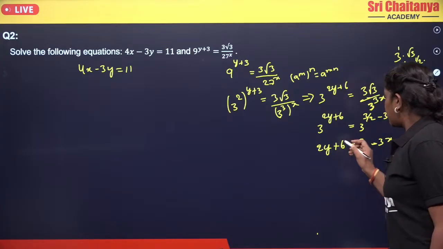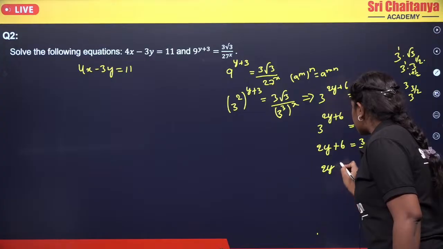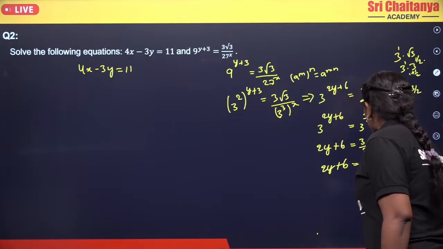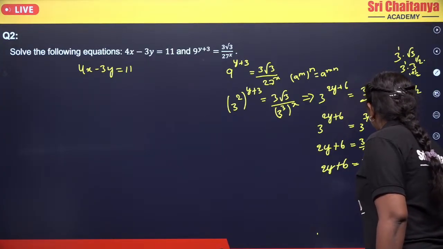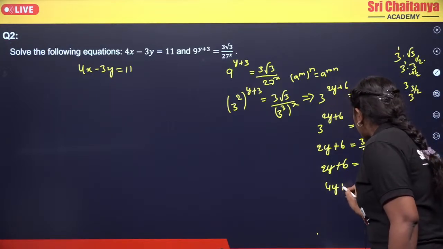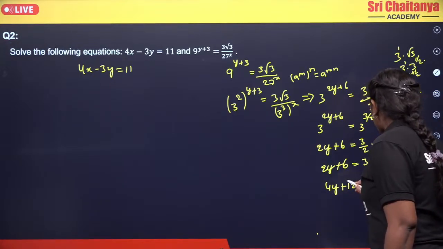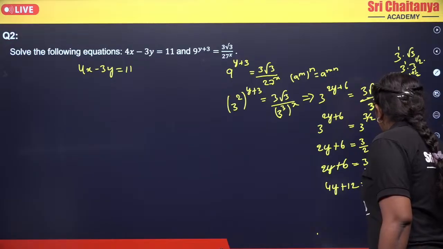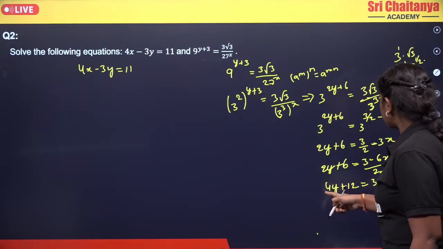Okay. Now here, 2y plus 6 is equal to 3 minus 6x by 2. Now just cross multiply it. From there you will get 4y plus 12 equals 3 minus 6x. Now just take your 6x and 3 to the other side.